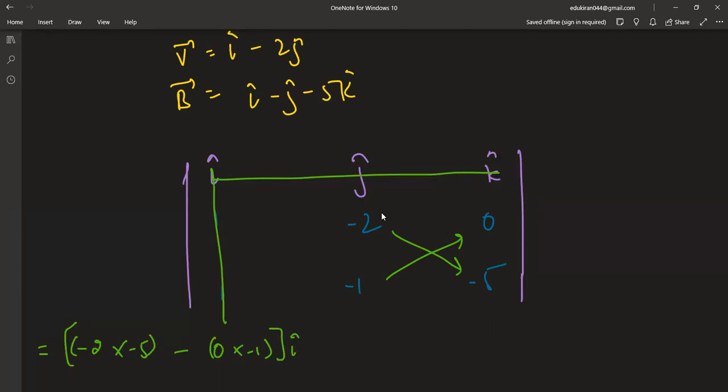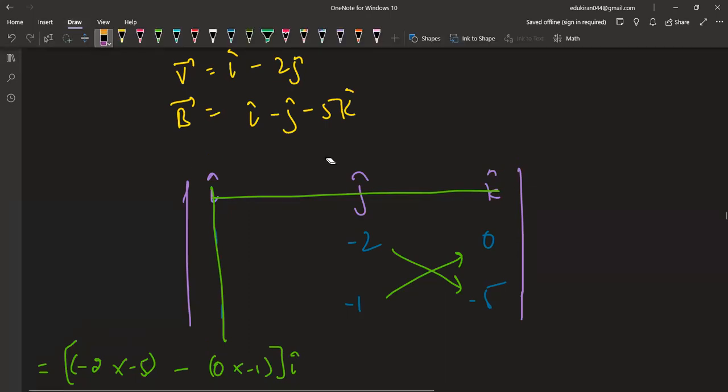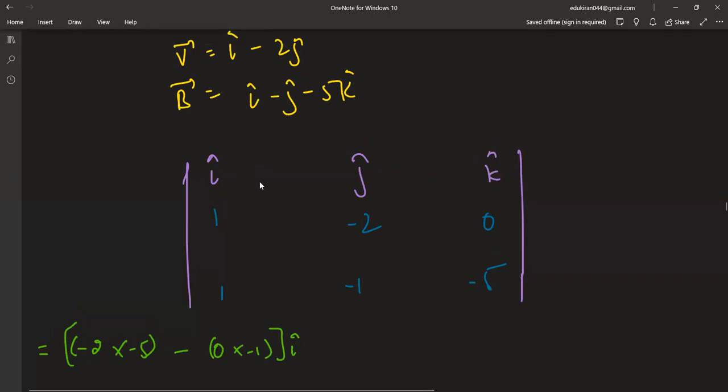This is I cap. Clear? Minus 2 into minus 5, minus 0 into minus 1. J cap, I have always told you, put a negative sign initially.